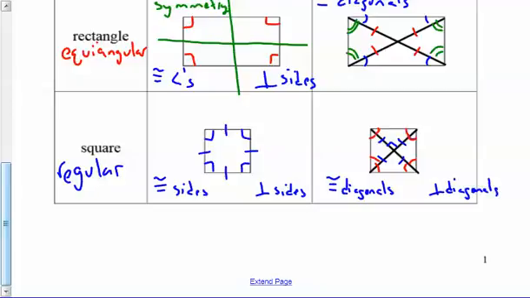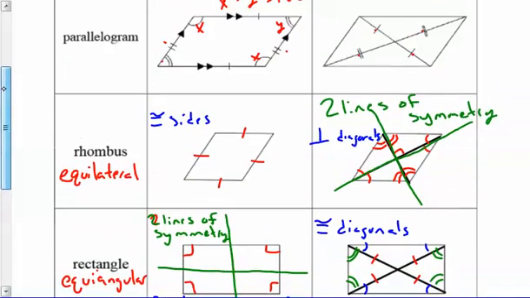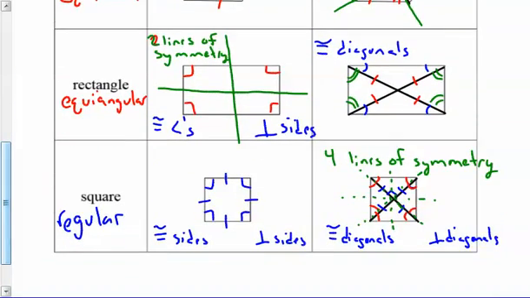And a square has 4 lines of symmetry. 2 through the center of the sides, 2 through the diagonals. Okay, those are your properties of the special parallelograms. Squares, rectangles, rhombuses, they're all parallelograms, and they all have these special properties that you need to be aware of.